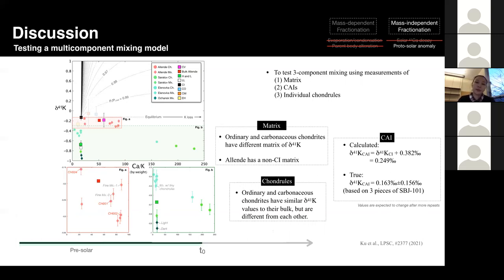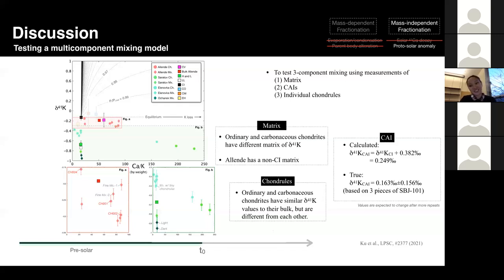We also measured three CAIs from SBJ 101, and the average CAI value is 0.163 with an uncertainty of 0.15. We want to point out that this value is very close to the estimated value assuming calcium-41 decays to potassium-41 in CAI.